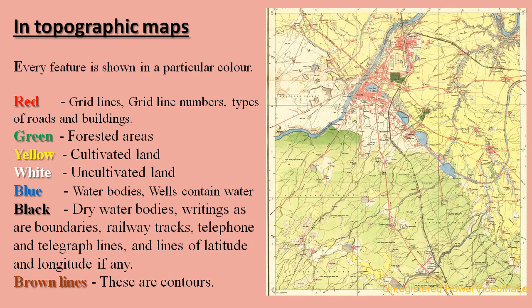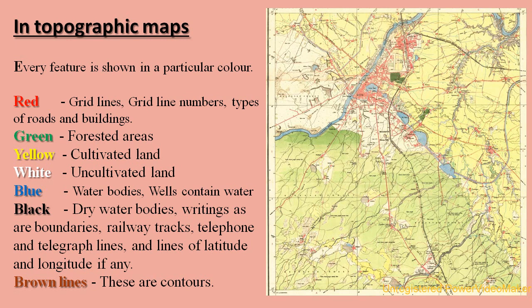The next major color which is used in this map is green color. That is used for showing the forested areas. Wherever there is forest and greenery, there we can see the green color. And the next color is yellow color, which is used to show cultivated lands.